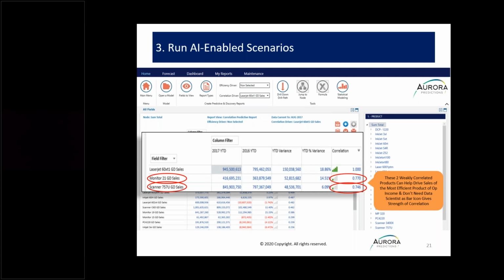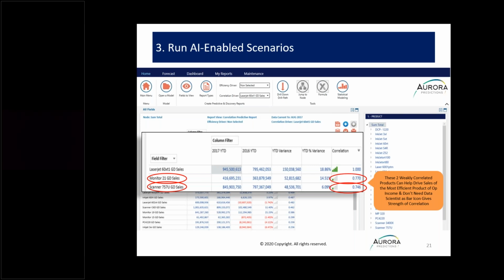Now, if we know the coefficient of correlation, these numbers here, then we know that these things are weakly correlated. But Aurora Lights doesn't assume that people remember their college statistics. And therefore, we put these little icons over here. So we all know cell bars. 1 cell bar is weak, 2 cell bars is good, 3 cell bars is very good, and 4 cell bars is great.